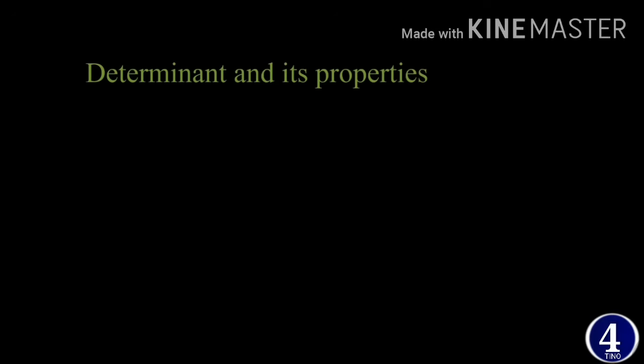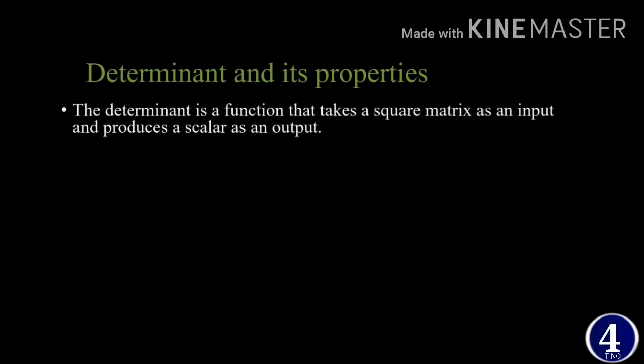Okay? All right. So as I told you at the beginning, today's tutorial is going to be the determinant and its properties. What the determinant is, and what its related properties are, we will see in today's tutorial. So a determinant is a function. You see, the determinant is a function, just like f of x, that takes a square matrix as an input. So it uses the square matrix like x, as an independent variable.